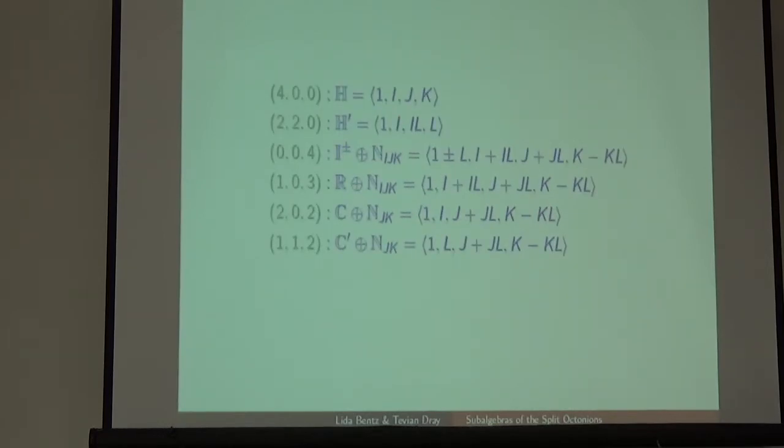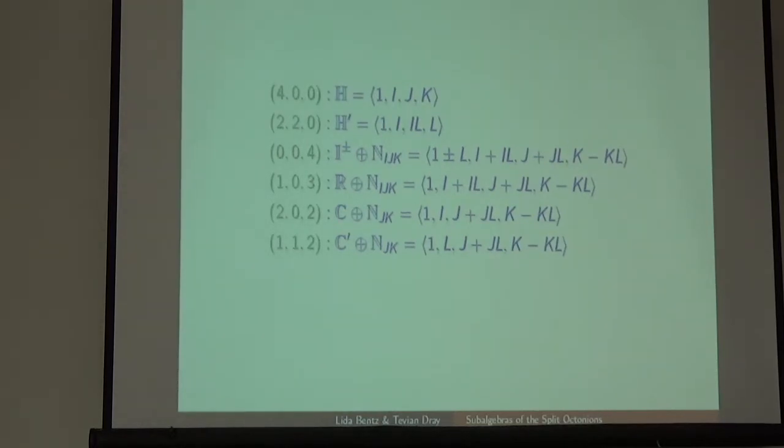So then, continuing our way up, we get to our 4D subalgebras. Again, we have a couple we know in the Quaternions and the split Quaternions. But we can also look at taking our idempotent element and summing our 3D degenerate subspace. So we have 1 plus L, I plus IL, J plus JL, and K minus KL.